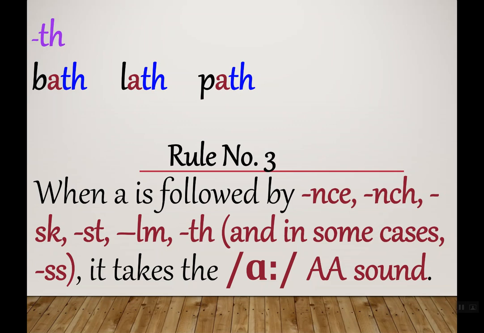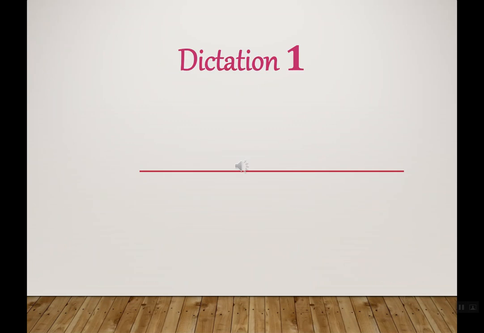I hope you have understood this by now. So let's take a dictation to make sure you have understood. Please listen and write the words down or type them in a word file. Each word is pronounced thrice and I have deliberately pronounced them slowly for better understanding.